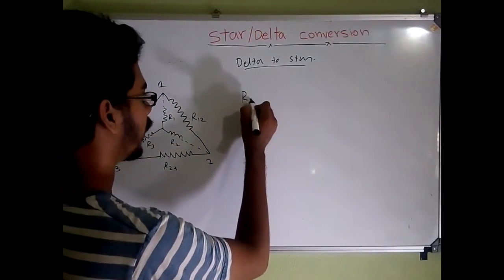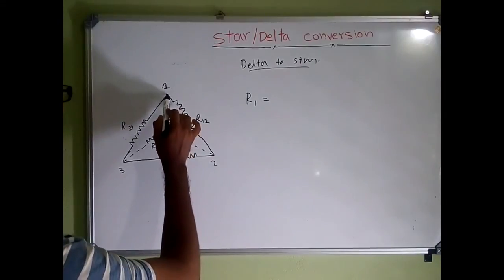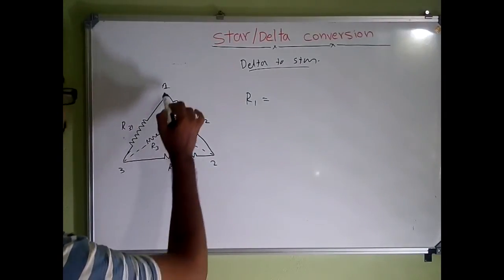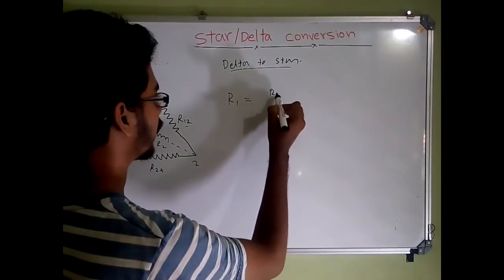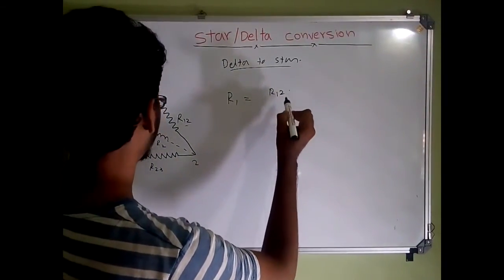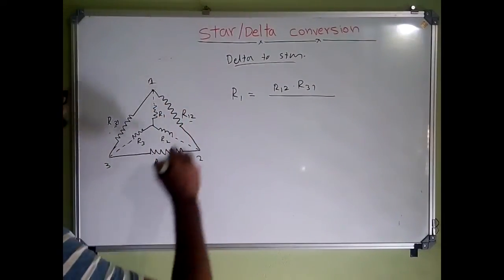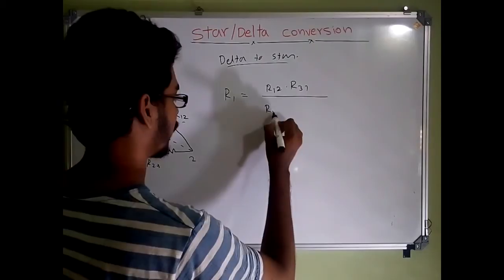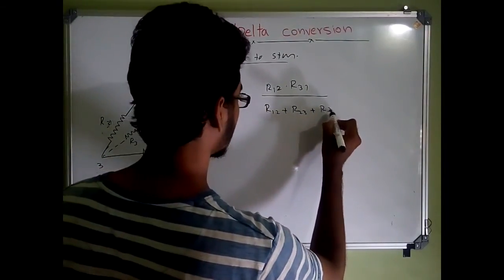The formula for R1: it is connected to this terminal 1 and it is connected to these two resistors, that is R12 and R31. So we can write R12 into R31 divided by the sum of this total resistance, that is R12 plus R23 plus R31.